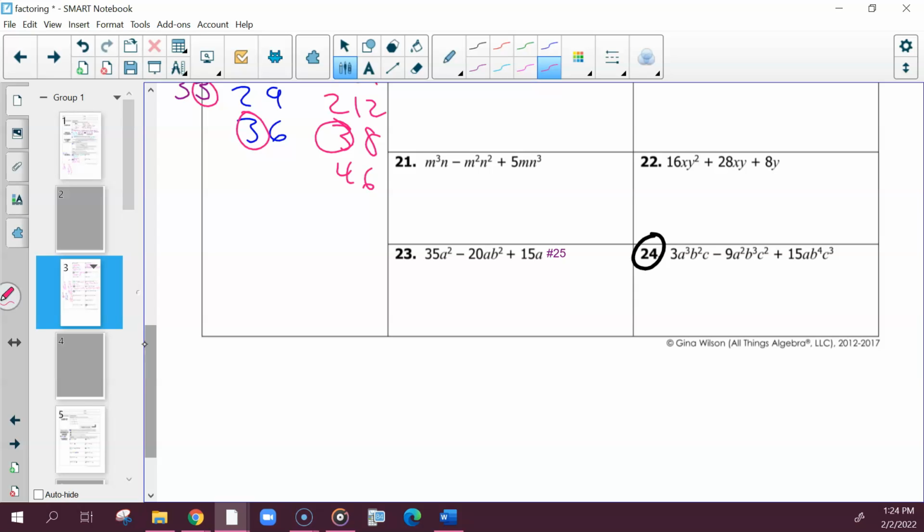The lowest number. Remember, that's not always the case, but in this one it is. So 3. How many of each variable, if any, can I take out? 1 of each. 2 of each. 2 out of B and C.